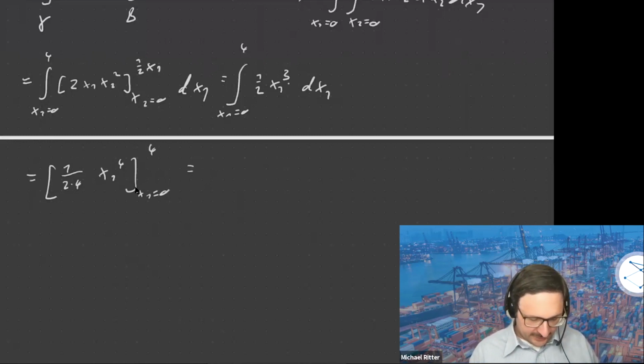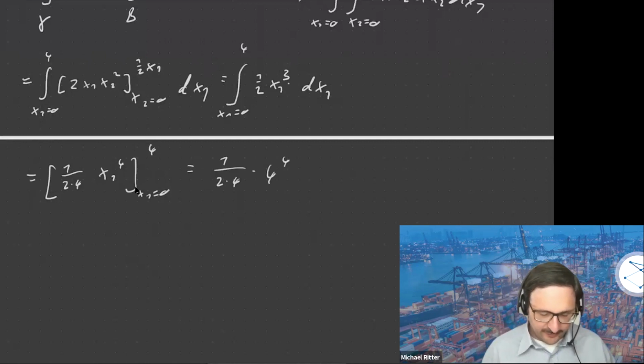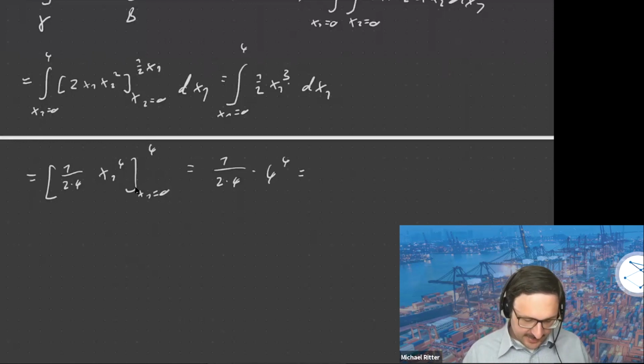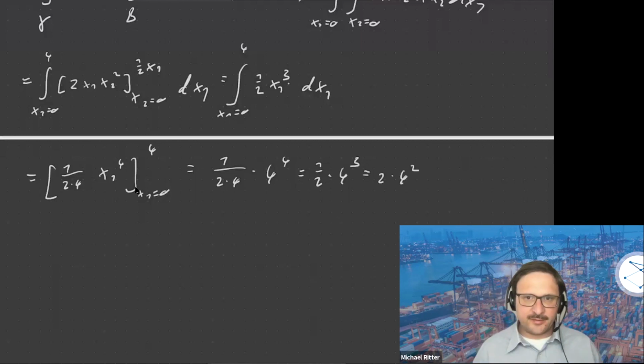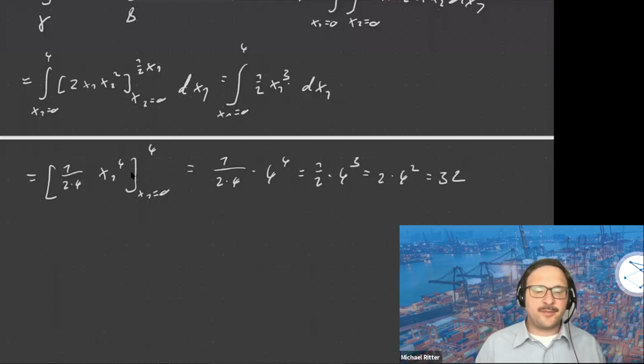So in effect, we get 1/2 times 4 to the power of 4. That is 1/2 times 4 to the power of 3. Or let's cancel out the 2 as well. That's 2 times 4 squared, or 2 times 16, or 32. So the result is 32.